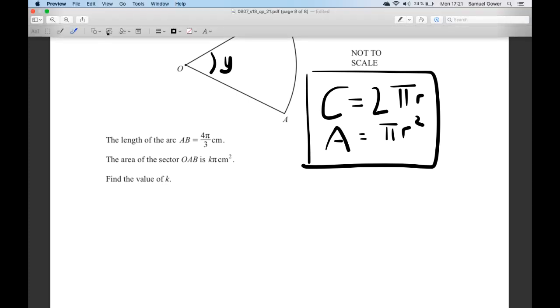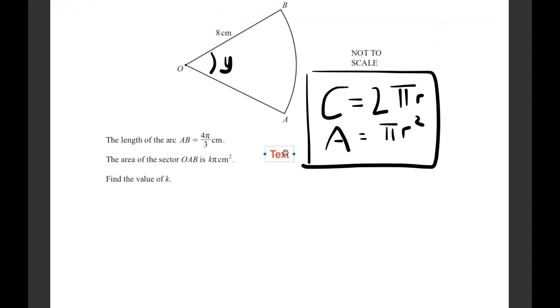So let's get a text box to do that. So the length of the arc, well, we know that's 4 pi. I'm going to write it like this, 4 pi divided by 3 is equal to, well, it's the angle over 360.